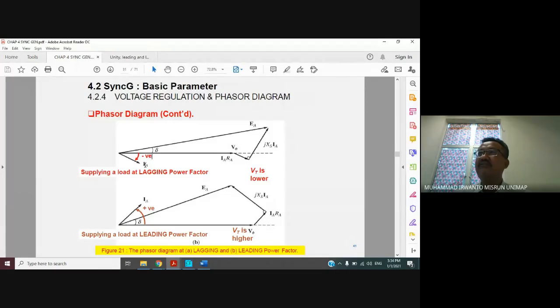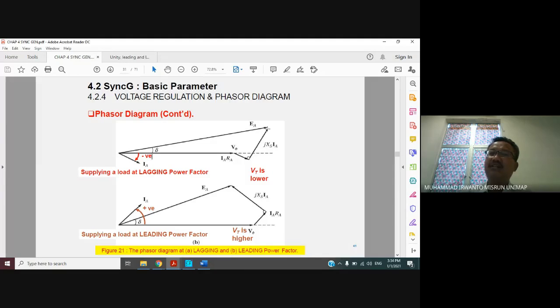After that, as I said earlier, we want to draw the IARA. IARA is always parallel with IA, with the same direction and angle. After that, you draw the jXS IA. jXS IA is always perpendicular, 90 degrees.